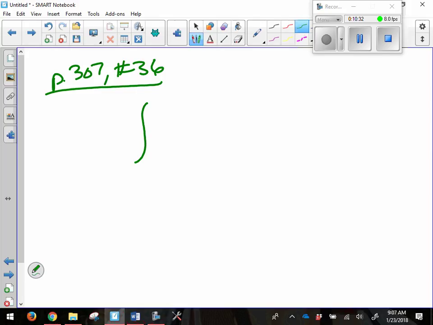Integral from, of, squared. Beautiful. Okay, we gotta get used to it. I should go around the room and everybody should have to read a different problem every day.